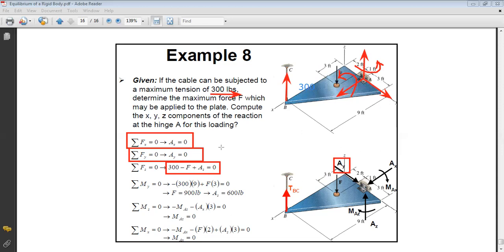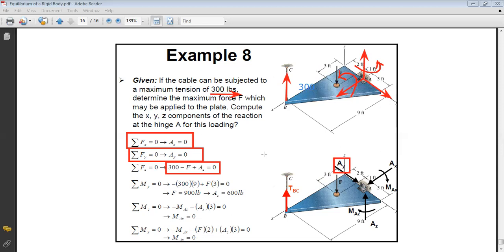Now, these first 3 equations are not enough, so I need to move to the sum of moments relations. In this problem, there is no need to use the vectorial product, because the forces are very simple, so you can calculate the moments easily.